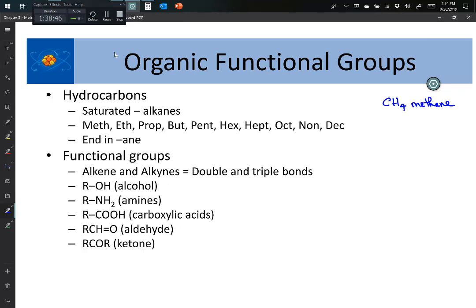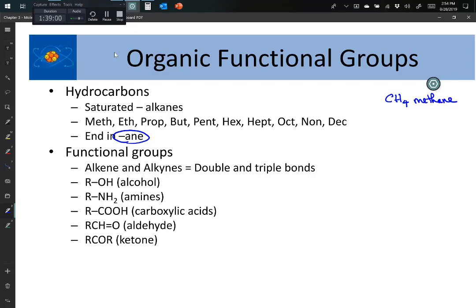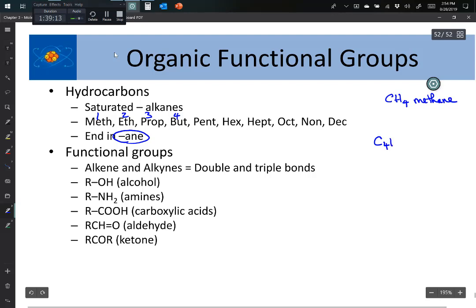The alkanes are known as saturated hydrocarbons. They all end in -ane. So if you wanted the name of any alkane, you just know how many carbons there are, and you end it in -ane. So if it's butane, right? If you're counting, 1, 2, 3, 4. That's C4. It's actually H10, and I'll tell you how to do that in a second. This is butane.